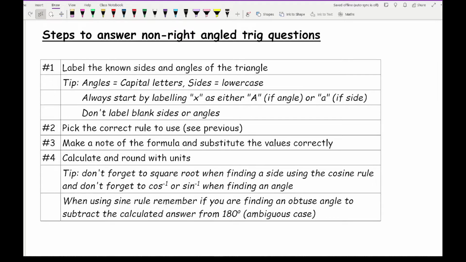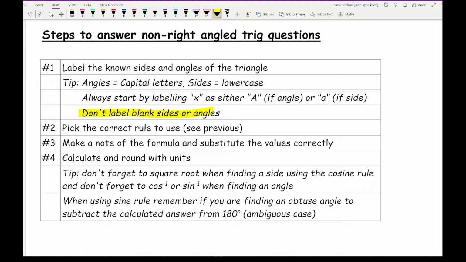And again, the key thing here, as I've previously mentioned, is do not label blank sides or angles. It's just going to confuse you. So if you've got an x on your triangle, label that as A, lowercase or uppercase, and then label the other sides respectively, remembering that opposite sides will be the same letter. The next thing you then need to do is to pick the correct rule to use.